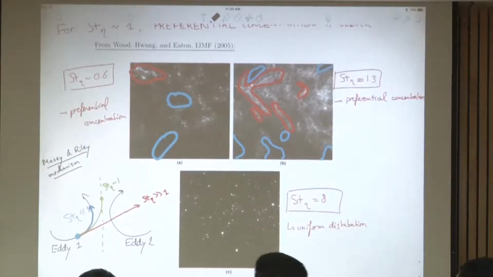So that goes back to the question that you were asking. It is not obvious that the proper time scale is the smallest turbulent time scale in the flow. It could be that your Stokes number based on Kolmogorov is larger than 1, but your Stokes number based on larger eddies is 1, in which case you would still expect to see preferential concentration. And so then the question becomes, what is the appropriate time scale?